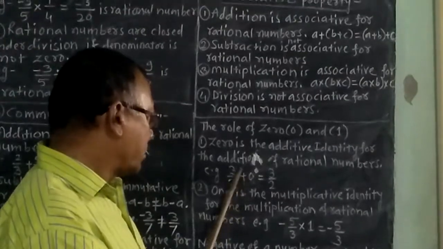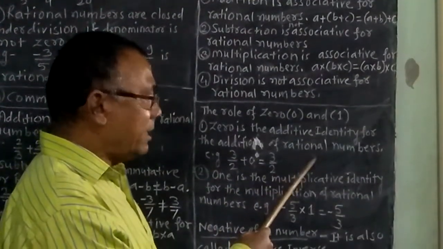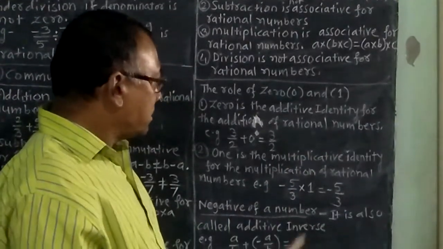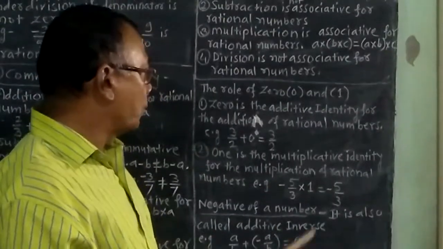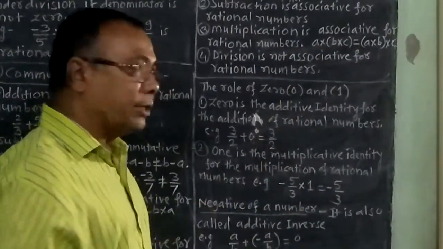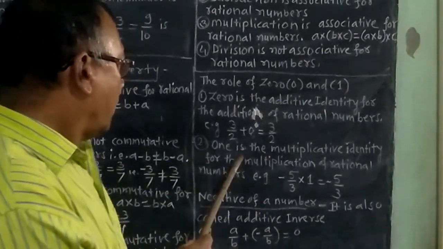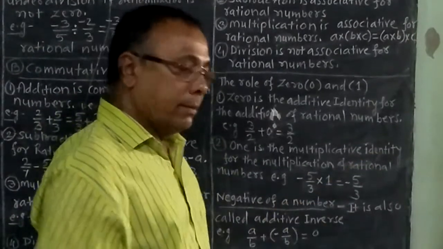For example, 3 upon 2 plus 0 is 3 upon 2. Minus 9 plus 0 is minus 9. Understand? Means the identity of the given number is not changed, and therefore 0 is the additive identity. Now, second, 1. 1 is the multiplicative identity.